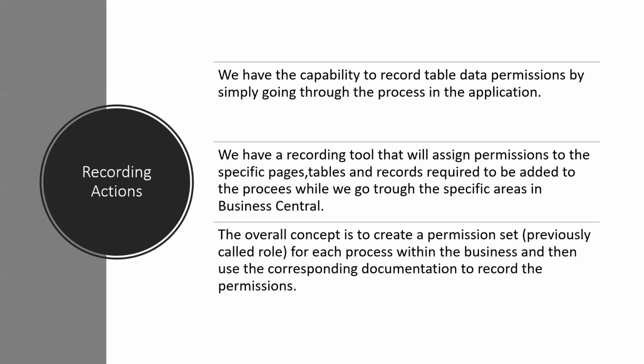And with this tool, we will be recording those actions, while behind the scenes Business Central is going to check the specific objects that the user used throughout the process to then add a permission, all right? So basically it's the recording tool for you specifically to start learning, to see, oh, if a user created a purchase order, what will be the related tables?